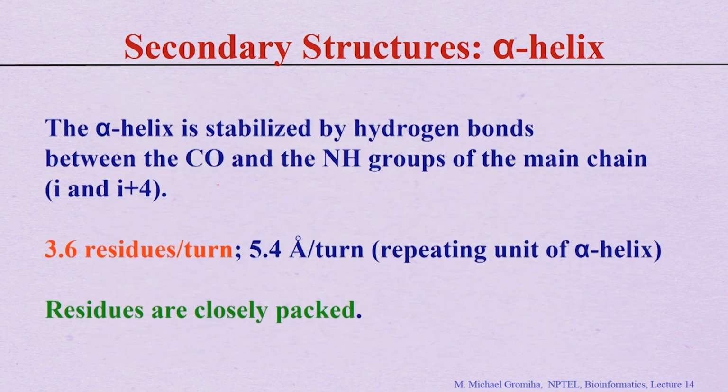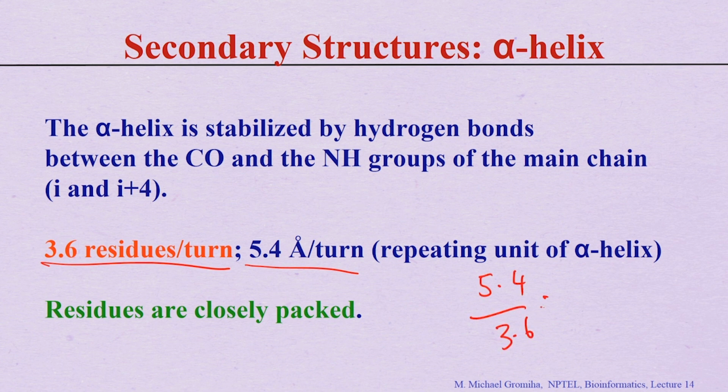So, 3.6 residues per turn, and in this complete turn you can see 5.4 angstrom in one turn. Now, with 3.6 residues per turn and 5.4 angstrom per turn, what is the rise per residue? You can calculate 5.4 divided by 3.6, which is equal to 1.5 angstrom.